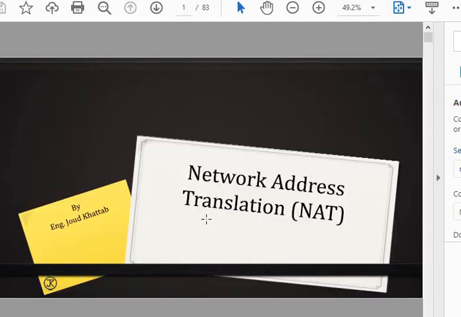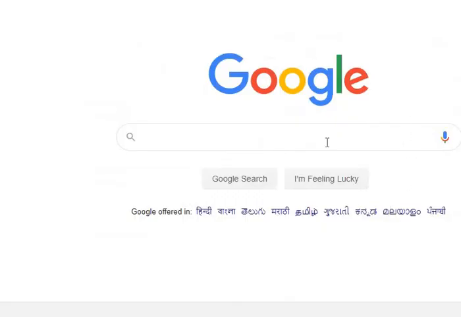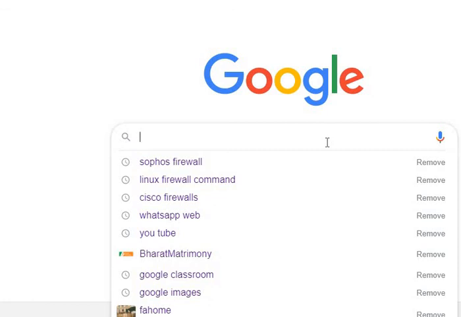This is a kind of technique where you have to do research. You have to study in detail on Google what exactly a private IP is and what a public IP is.